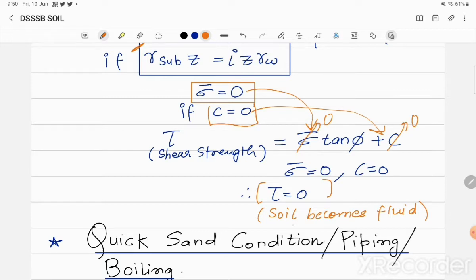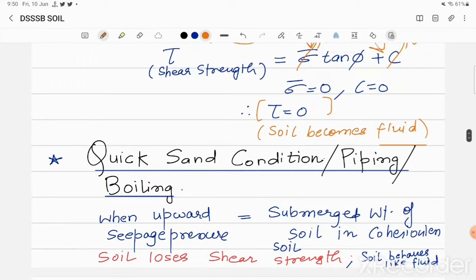And if shear strength of the soil becomes 0, it tends to behave like a fluid, because from fluid mechanics we know that the fundamental property that differentiates fluid from any other thing is that fluids have no shear strength, they have the ability to flow.